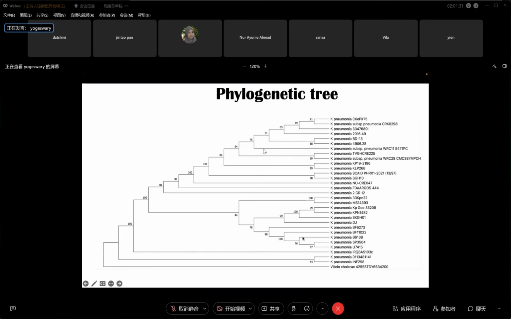The outgroup, Vibrio cholerae, is used as a point of comparison for the in-group genome strains, especially to allow for the phylogeny to be rooted.